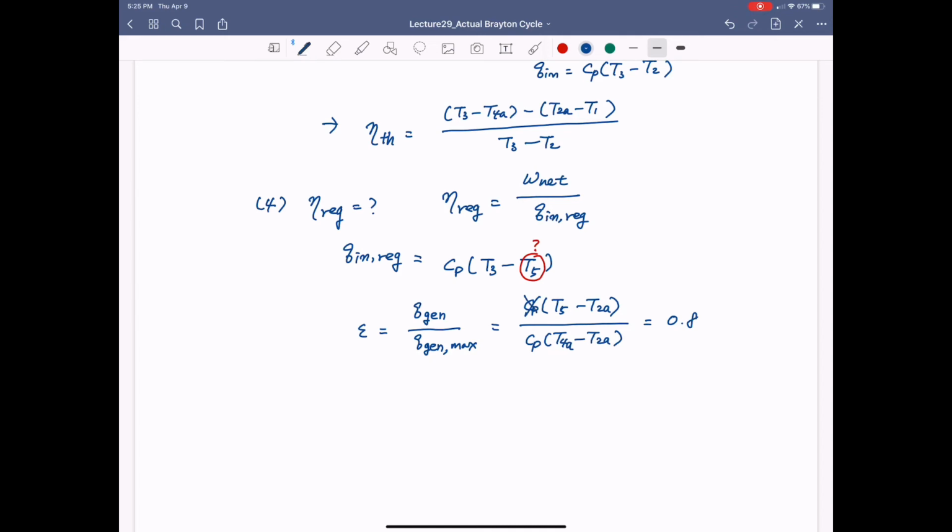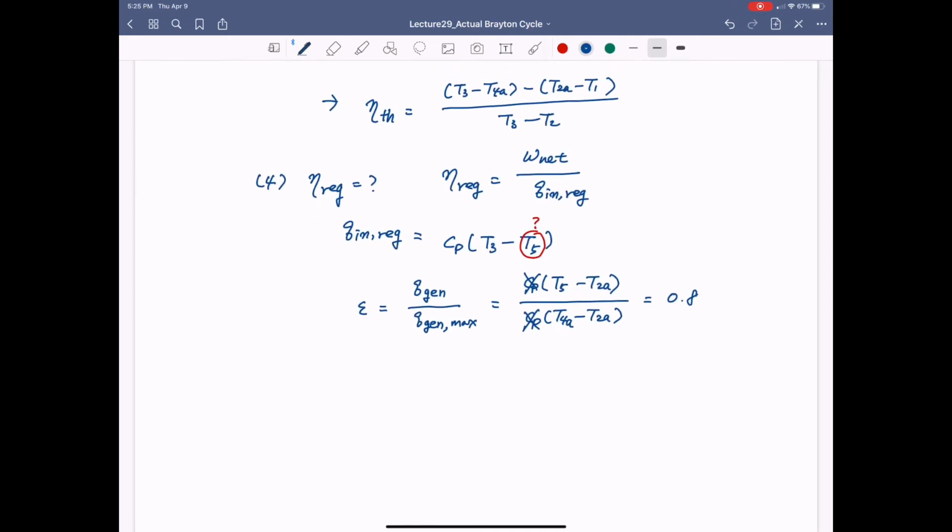And now CP are cancelled out. So from this equation, we know T5 in terms of all numbers that are given or we already calculated.